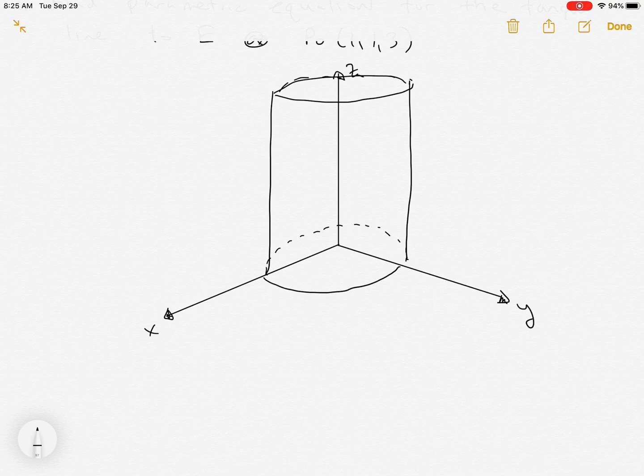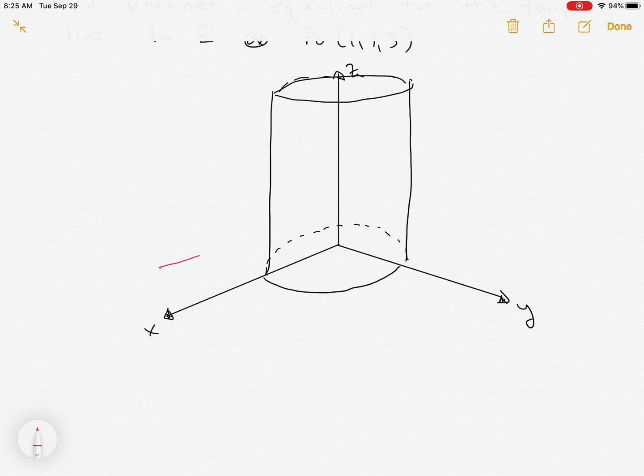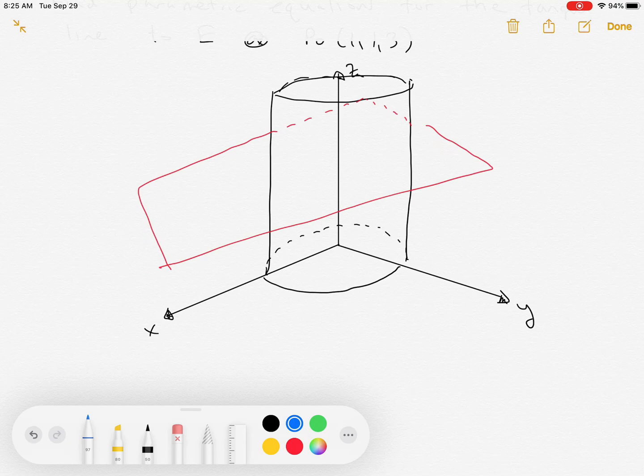Okay, the plane x plus z equals 4 has no y in it. So I'm going to use some colors here. And it comes like this. So here's the plane. And let's get one more color in here.